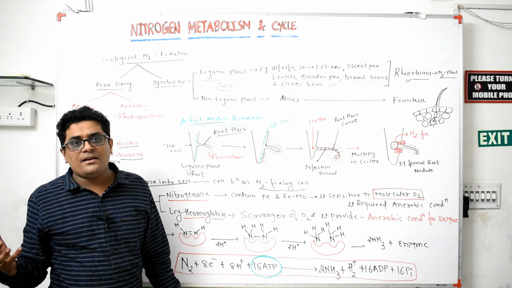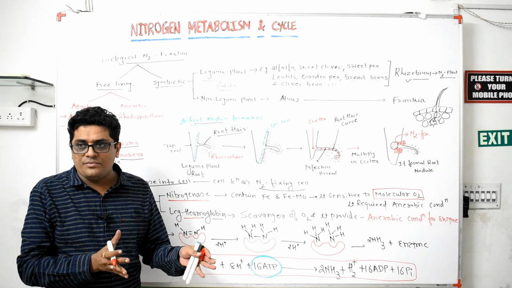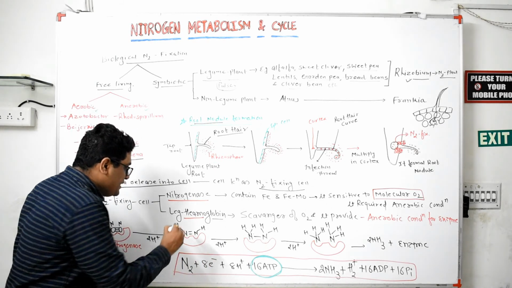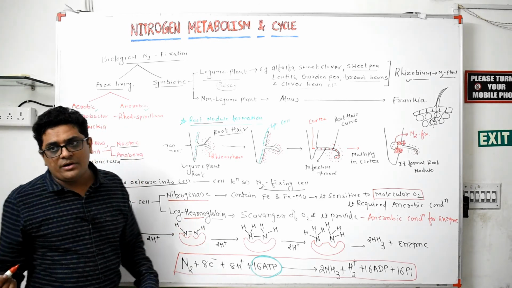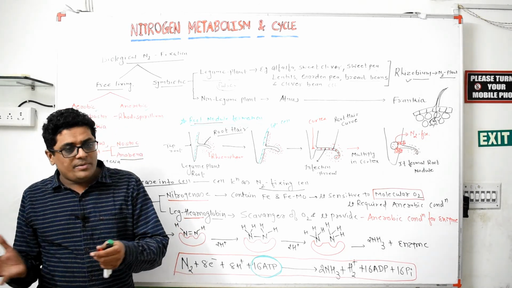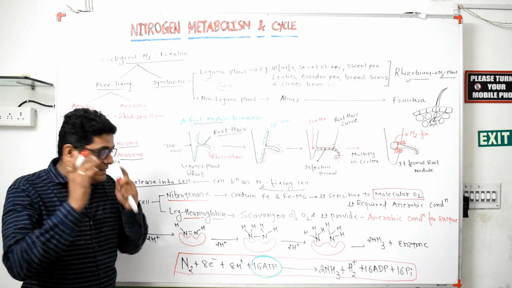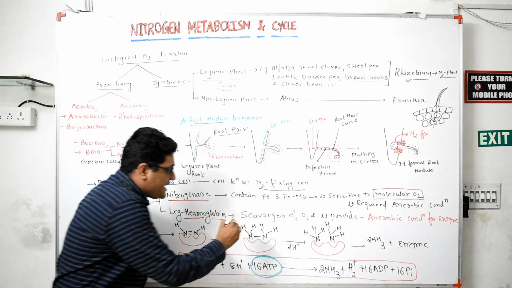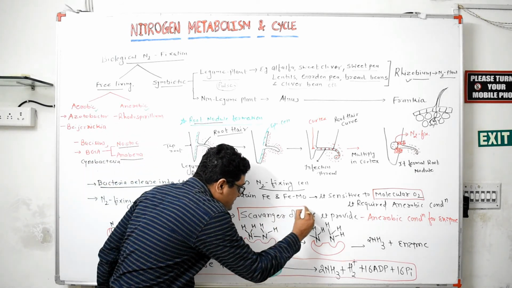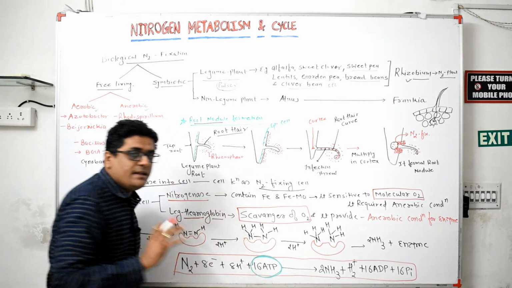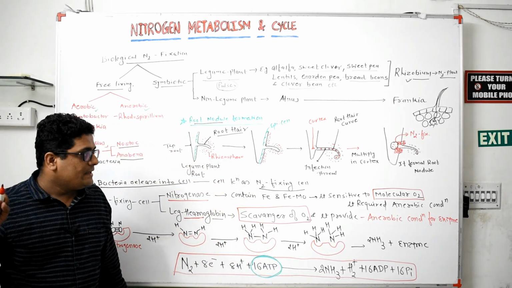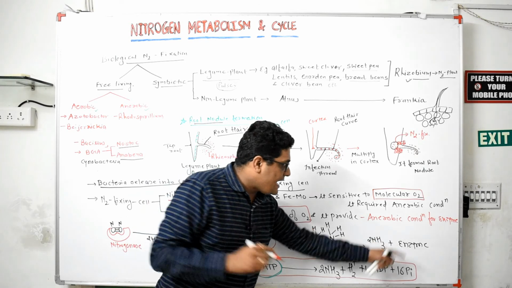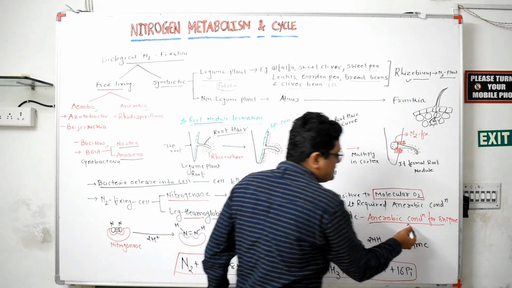So who provides the anaerobic condition for the activation of the nitrogenase enzyme? Leghemoglobin. In our body, hemoglobin binds with oxygen. Similarly, leghemoglobin is a scavenger of O2. It scavenges the O2 and provides the anaerobic condition for the enzyme.